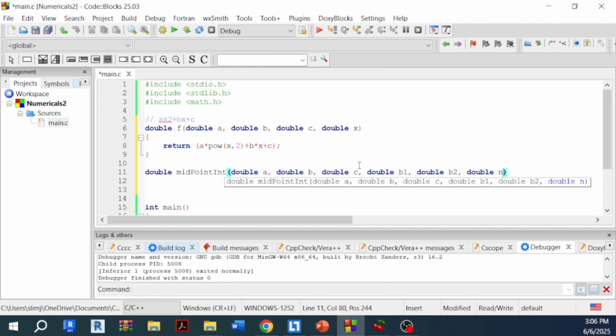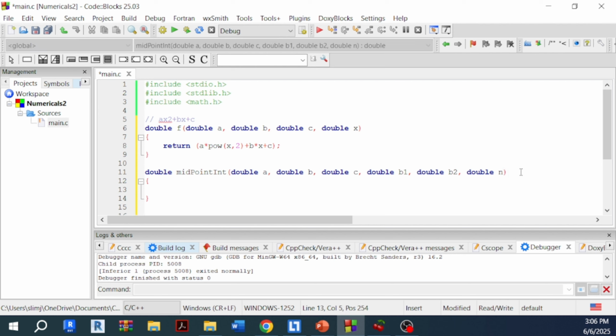Here, we're going to evaluate the step in a different way. n is the number of divisions or steps underneath the curve, so double step equals b2 minus b1, together divided by n, the number of parts, the number of chunks that would define the resolution of this integral. n is to be designated by the user.